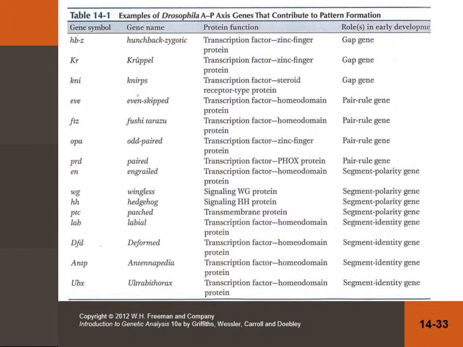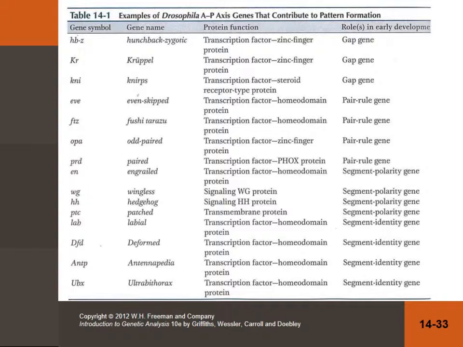In this table, we've got some examples of Drosophila AP axis genes that contribute to pattern formation. So we can see the gene names here: hunchback, zygotic, Kruppel, knirps, even-skipped, fushi tarazu, odd-paired, paired, engrailed, wingless, hedgehog, patched, labial, deformed, antennapedia, and ultrabithorax.